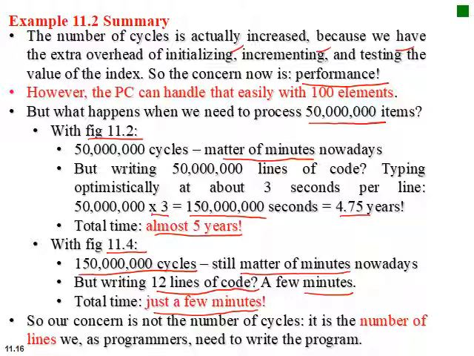The programmer can write just a few lines in a few minutes, and even though it's going to process 150 million cycles, it's okay, because the processors and programs we have nowadays can handle that in just a matter of minutes. And even if it will be a matter of hours, it's still much, much, much faster than a matter of years. So hopefully I've convinced you now and shown you some of the differences between these two approaches.